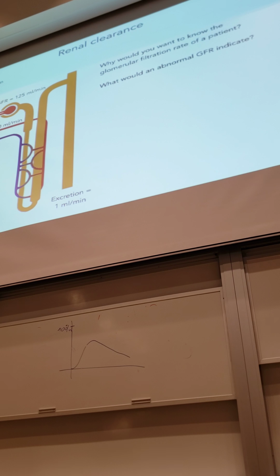We're not taking any out of the filtrate, we're not adding anything to it through reabsorption or secretion. We have a substance that can be filtered with that 125 milliliters of plasma. We can come up with a really good estimate of our GFR.